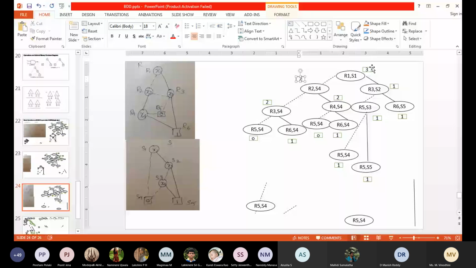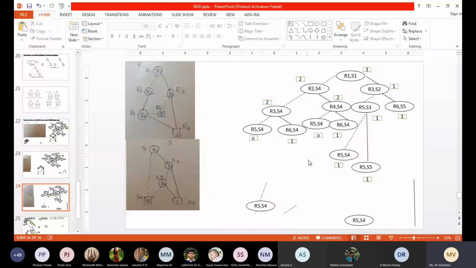Next, you can assign a variable. Just a minute, I'll copy from here.